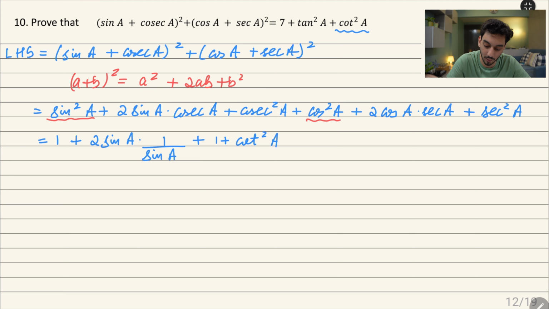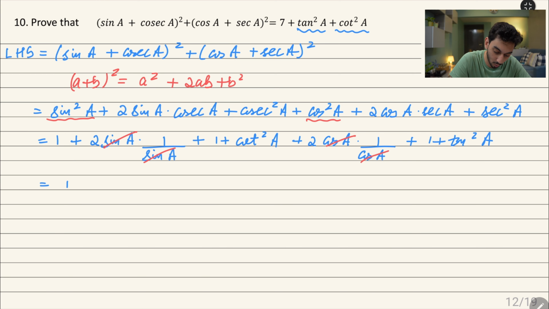Now the cos square A is already gone, plus 2 cos A is as it is. The sec A can be written as 1 upon cos A, plus the sec square A can be written as 1 plus tan square A, because I need a tan square A in the answer. Now the sine A and the sine A goes away, cos A and the cos A just goes away.